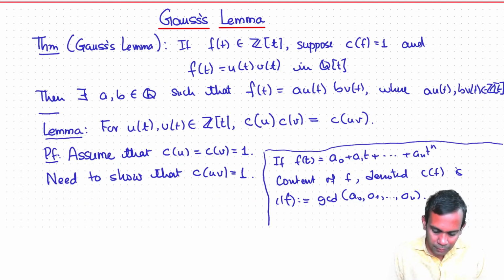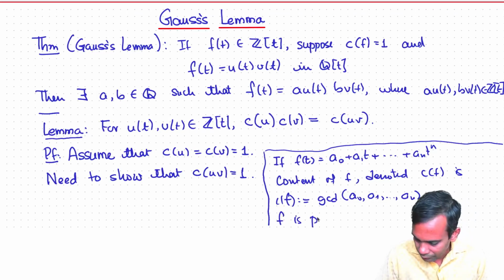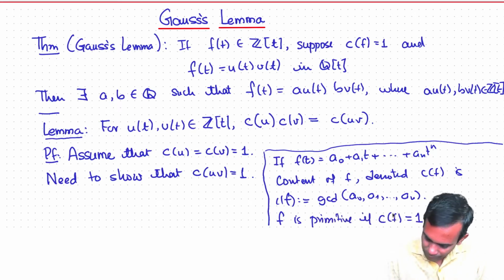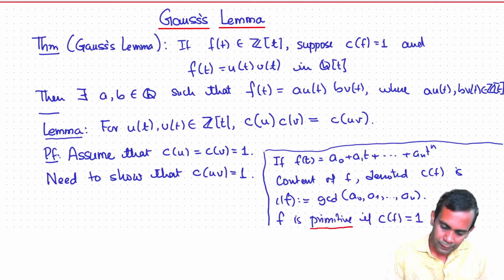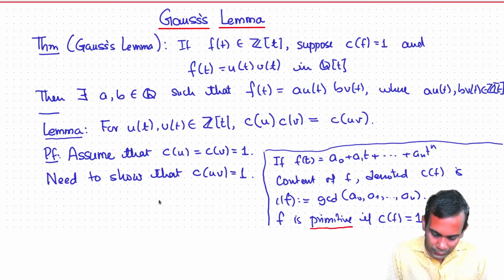So now coming back to this, let's just put this definition down: f is primitive if cf is 1. That's just the definition of primitivity. And so what we want to show is that the product of two primitive polynomials is primitive.